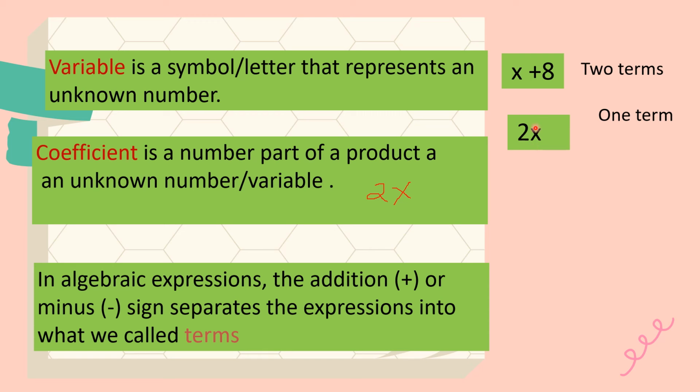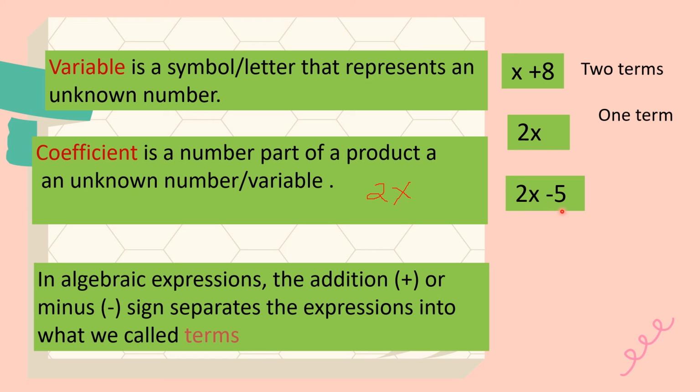You don't need to write parentheses or x as a multiplication sign, because it will confuse us with the variable x. So if it is multiplication of a number and a letter or a variable, you can simply write it as 2x or 3x like that.